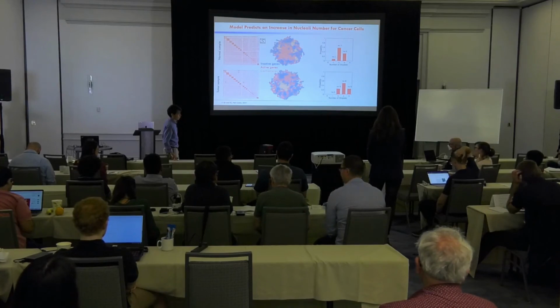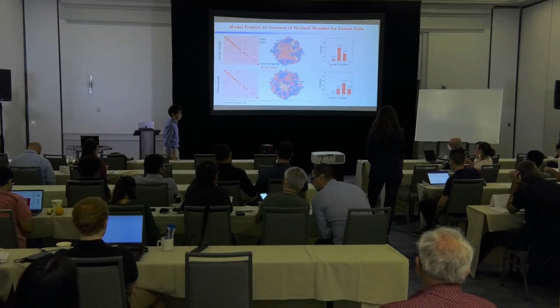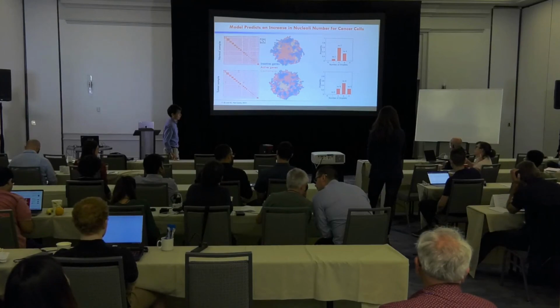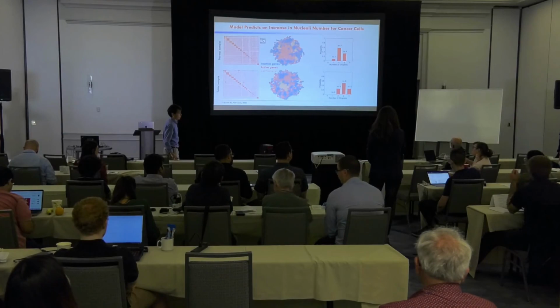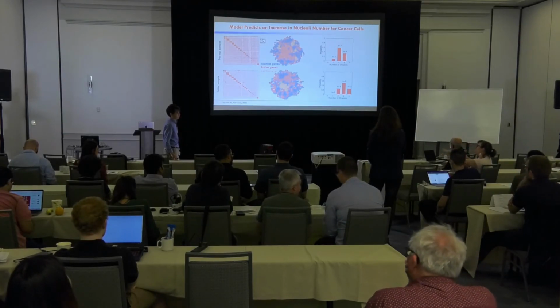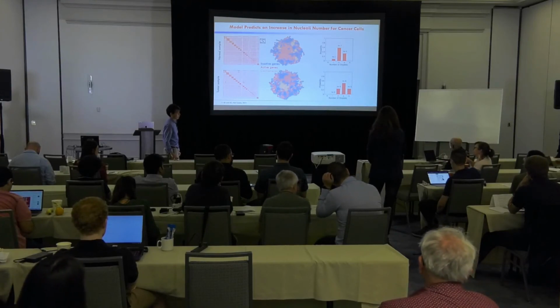As they come towards each other, depending on the elasticity or persistence length of the chromatin fiber, the viscoelasticity of the network in between will be different. If it's more fluid-like, they will go together more easily. If it's stiffer, they might get arrested separately. So I was wondering if you played with that.